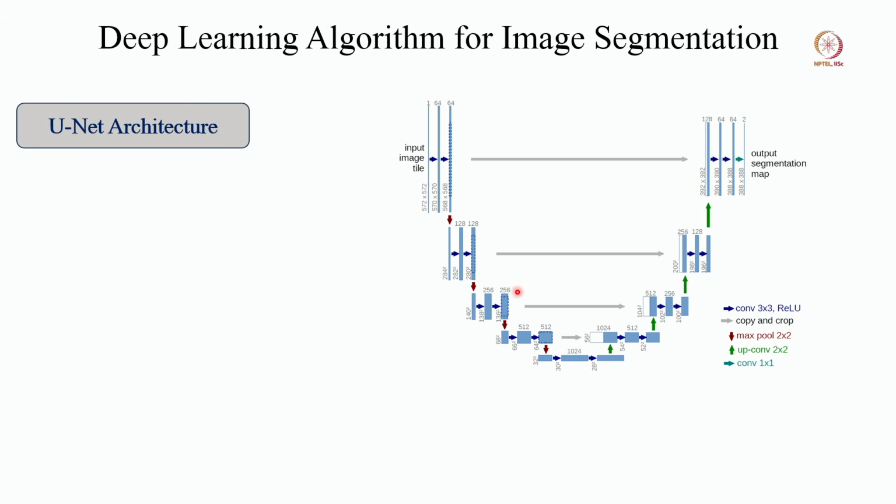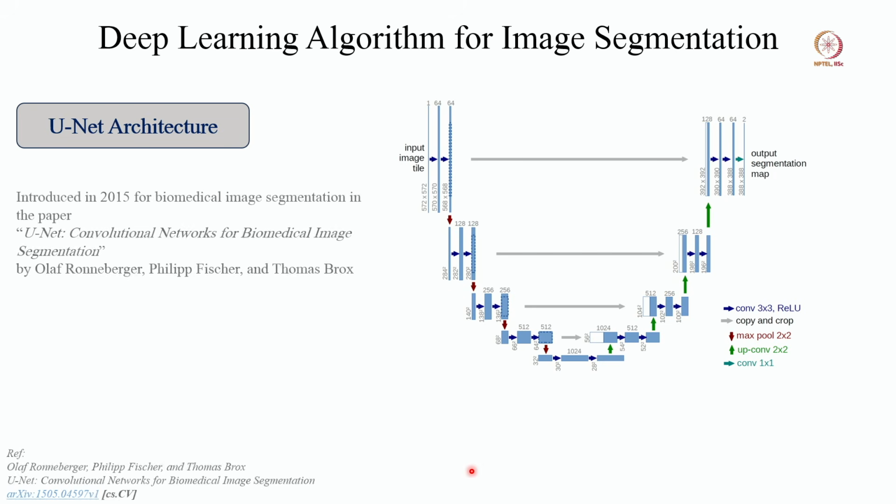If we see the picture, this picture has been taken from the original paper where U-Net architecture was first introduced in 2015 for biomedical image segmentation, in the paper U-Net: Convolutional Networks for Biomedical Image Segmentation by Olaf Ronneberger, Philipp Fischer and Thomas Brox. Okay. So, this is the reference paper.